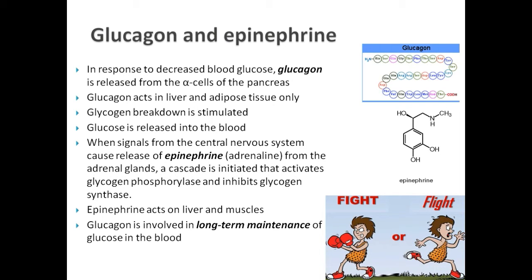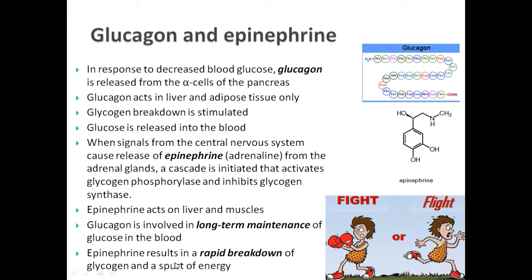The reason it does this, of course, is that it is the so-called fight or flight hormone. It makes a lot of potential energy available for the cells in a very short amount of time. So even though these hormones seem to do a very similar job, in other words, raising blood glucose, glucagon is involved in long-term maintenance of blood glucose, whereas epinephrine results in a very rapid breakdown of glycogen and a very short spurt of energy.